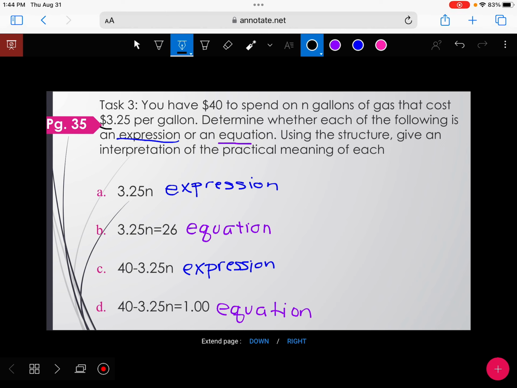If it costs $3.25 per gallon and we're buying n gallons of gas, when we multiply them together, what do we get? What does this expression give us if we do this multiplication? 3.25 times however many gallons we buy. It gives us what?